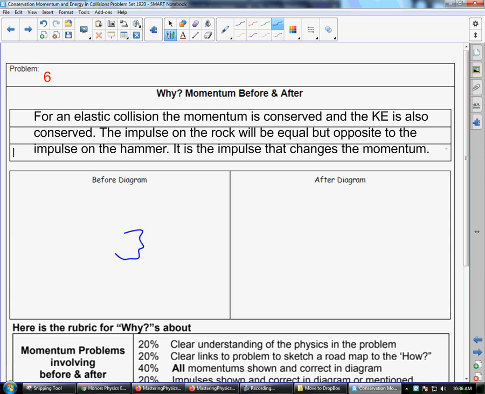So beforehand we have our rock, and I'm going to call that rock beforehand 0, and then we'll have our hammer, and the momentum of our hammer beforehand will be in that direction.